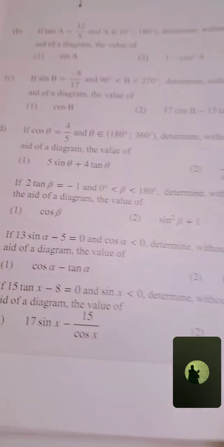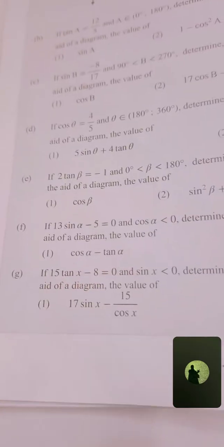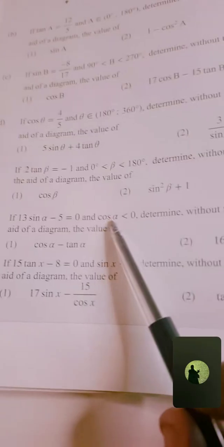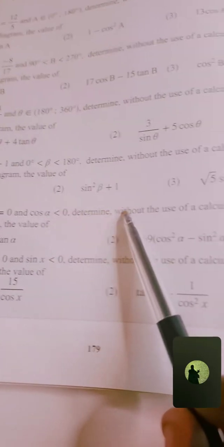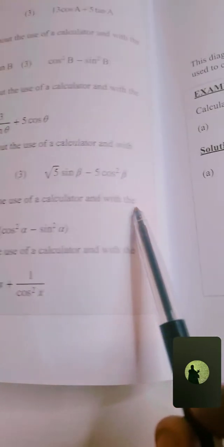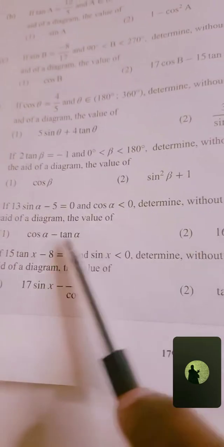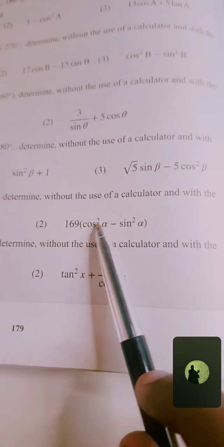Here's a question, letter F. It says if 13 sine alpha minus 5 is equal to 0 and cos alpha is less than 0, determine without the use of a calculator and with the aid of a diagram the value of cos alpha minus tan alpha and 169 in brackets cos squared alpha minus sine squared alpha.